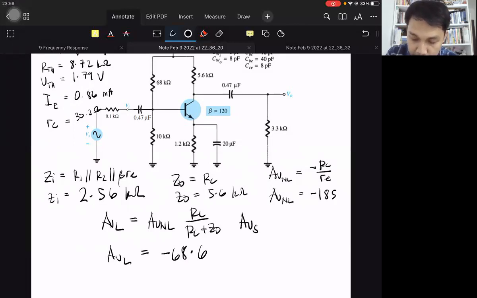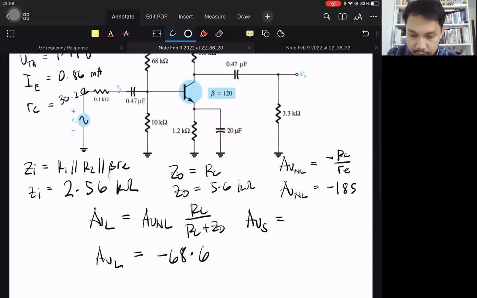Last, we have the source. So we can solve for AVS. AVS is equal to AVL times ZI over ZI plus RS.